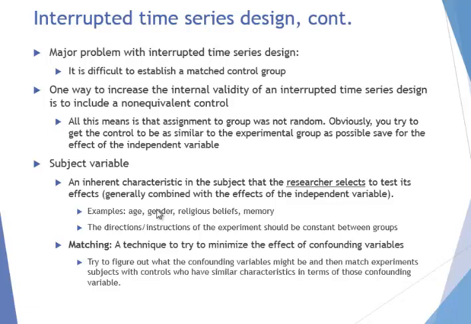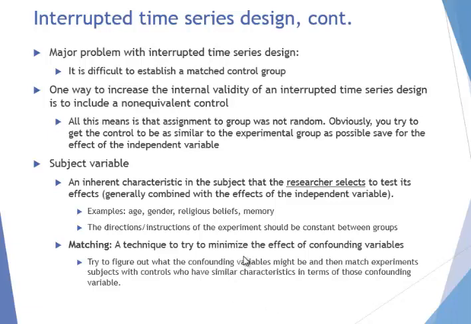Does age matter? Does gender matter? Does religion matter? Does memory matter? Do these other things matter? And you can use those as extra variables to include in your test. Then we get to the factorial issue that we discussed earlier, but a subject variable is something that's added as a potential variable with an effect to an experiment.